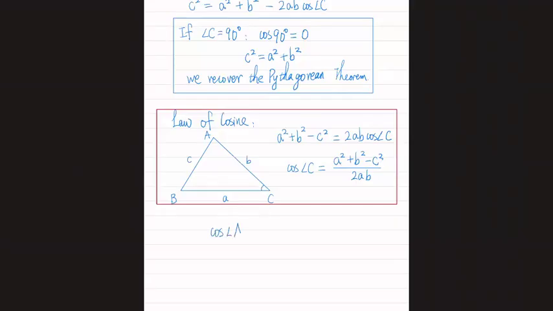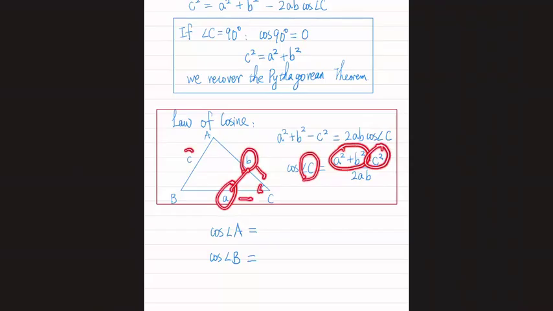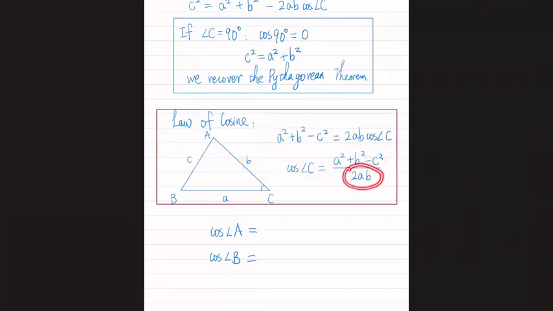Cosine A, cosine B. Okay, so the rule is: cosine of the angle equals the summation of the squares of the two adjacent sides, subtract the square of the opposite side, divide by twice the product of the two adjacent sides.